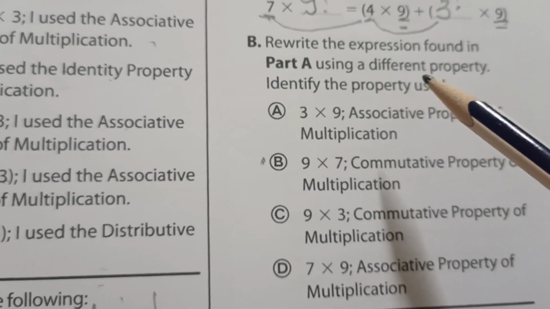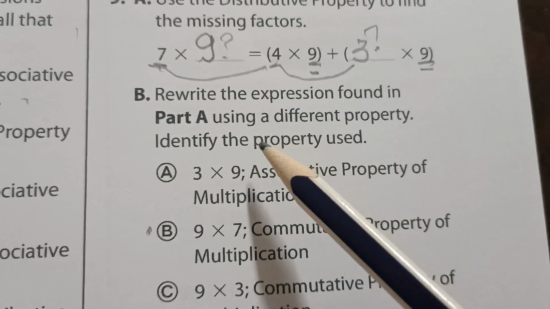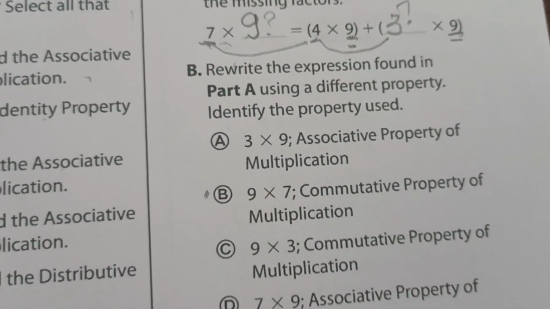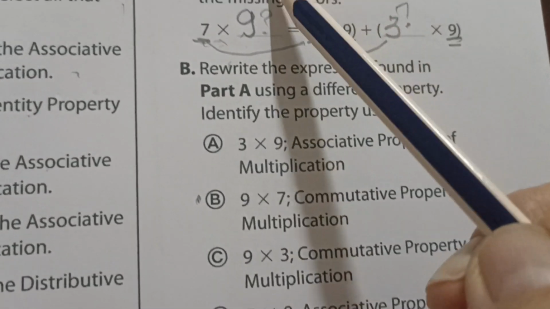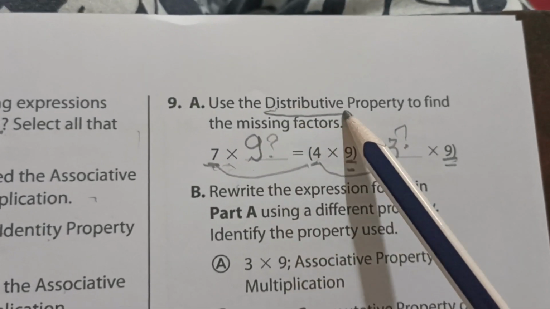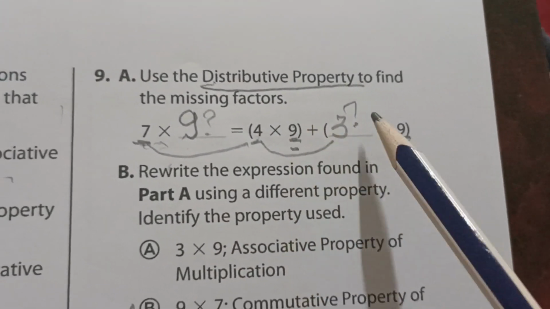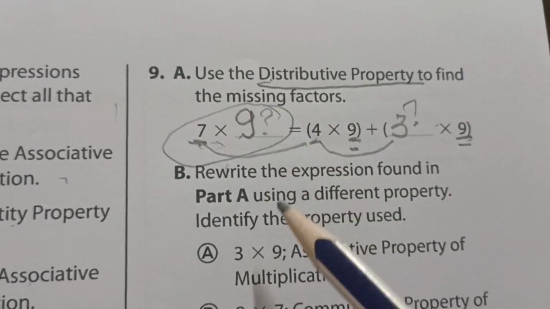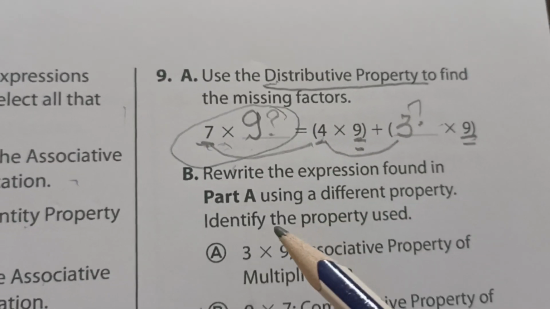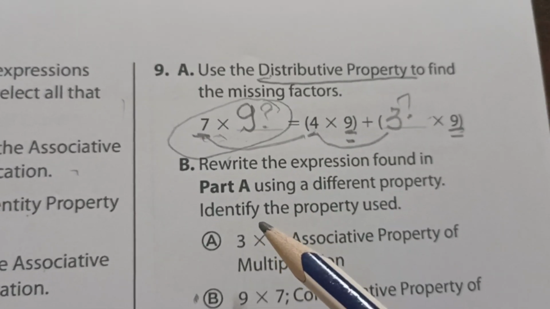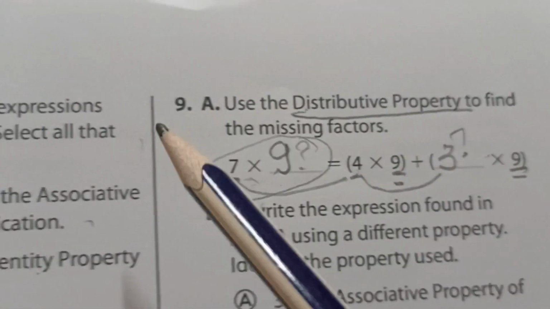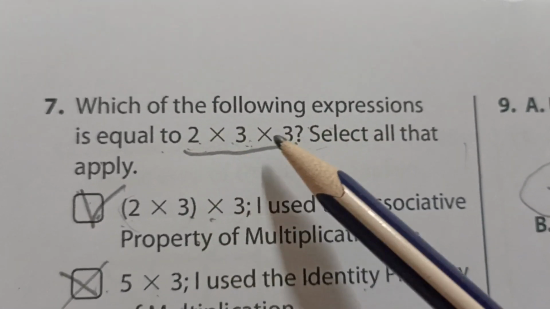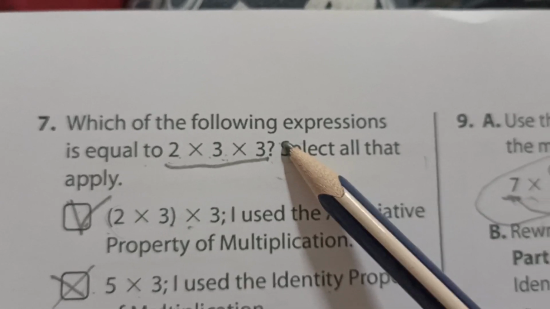Okay, now rewrite the expression found in part A using a different property. Different property here. Distributive property, okay? Because breaking apart, this is your expression. How many numbers do you have? You have 2 numbers. Can you use associative property here? No, because remember, associative property we use when we have 3 factors, so we can group them.